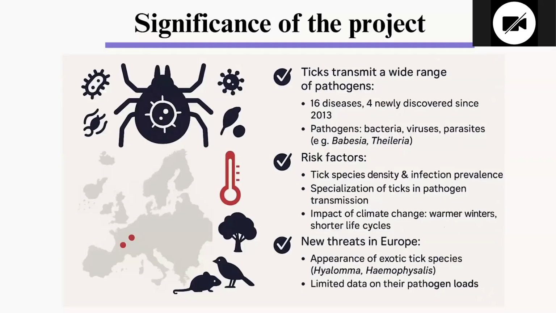The risk of infection also depends on the tick species, its density in the field, and the frequency with which it is infected with the microorganism in question. Climate warming further increases this risk. And exotic species are also emerging in Europe, like Hyalomma and Haemaphysalis, which can establish themselves and introduce new pathogens in an increasingly warm environment, although knowledge of their epidemiological role is still limited.